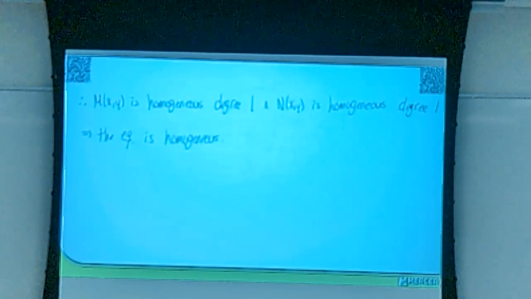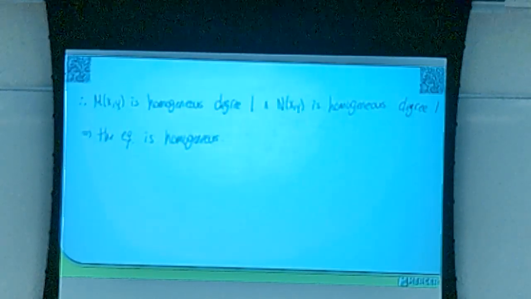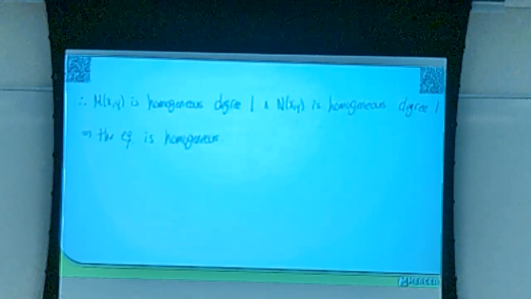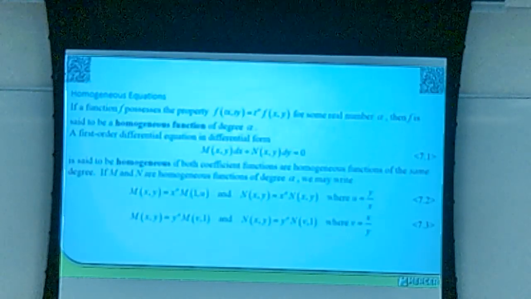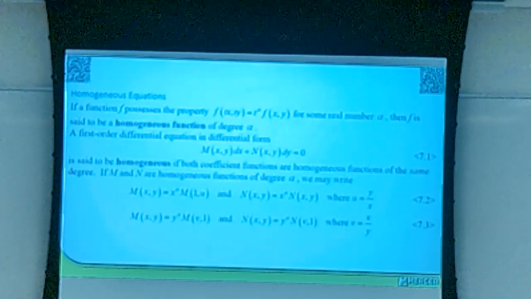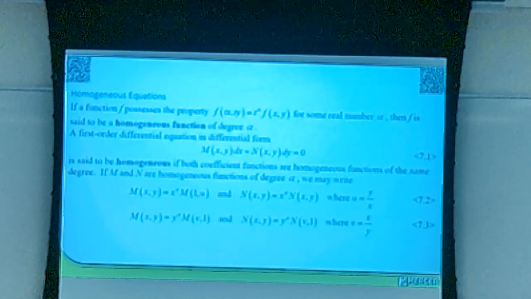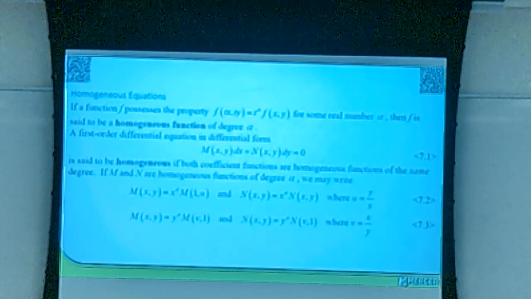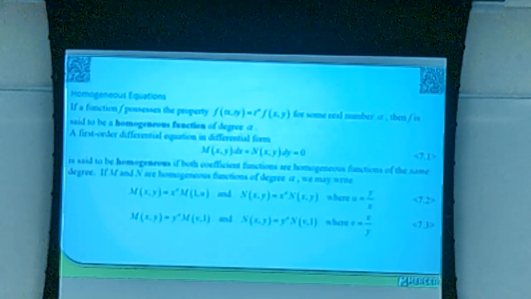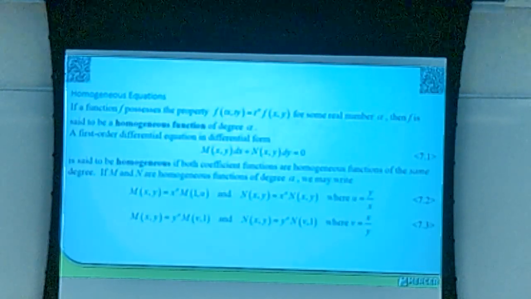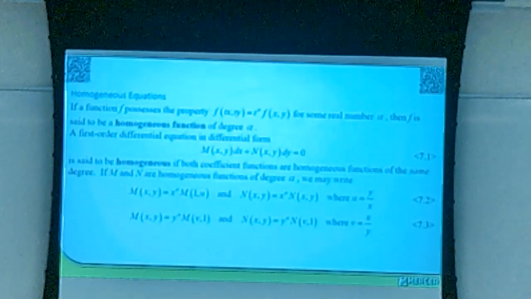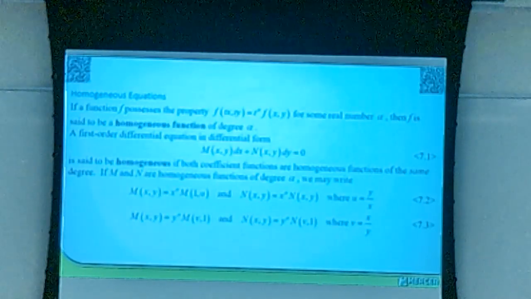This allows us to use one of two substitutions, right? Either u equals y over x or v equals x over y. Which means y would be u times x, or x would be v times y. Doesn't matter.